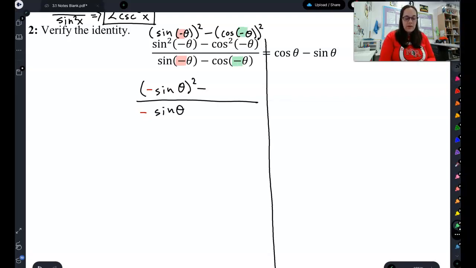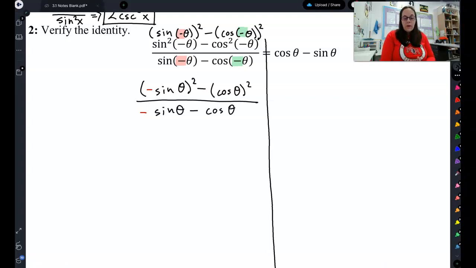Those ones will disappear. So now I've got this so far. Now, here's why it's really important that we move that squared outside, so that you remember that when we're squaring this, we square the negative and the sine. So then if I'm squaring this negative, it turns the negative into a positive. So negative sine of theta squared gives me positive sine squared of theta minus cosine squared of theta.